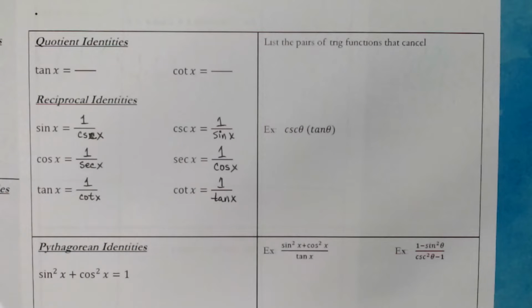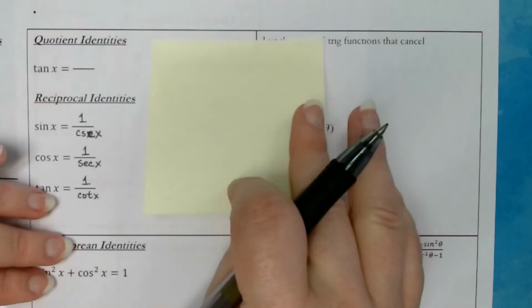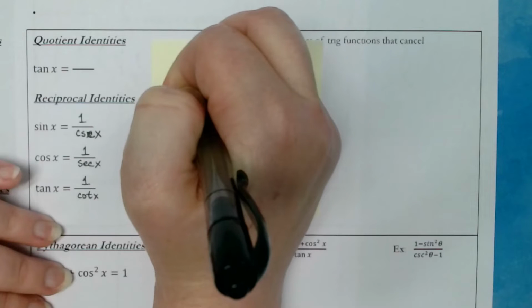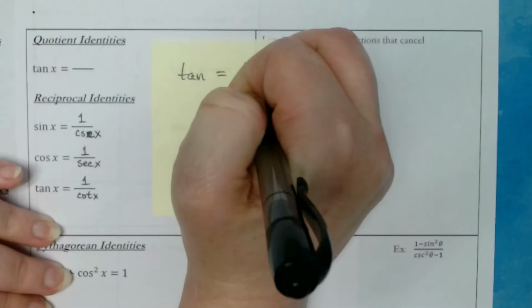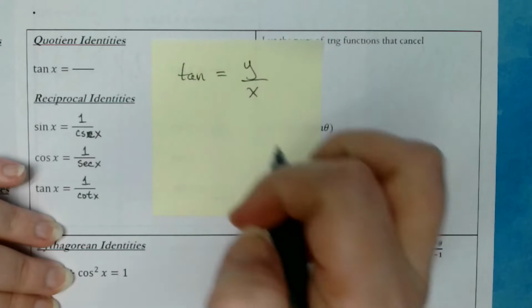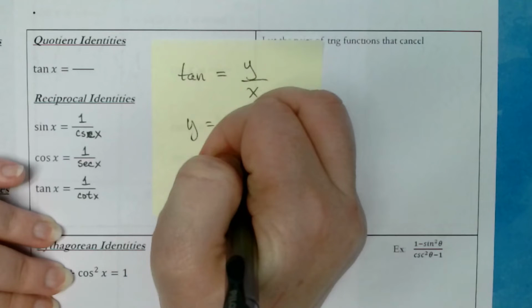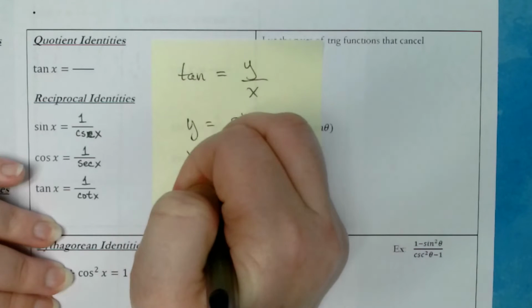Super easy because you've actually seen these before, you just didn't realize it. On our unit circle, we said the tangent was the y over the x, right? My tangent was y over x. But then we said y values are sine and x values are cosine.